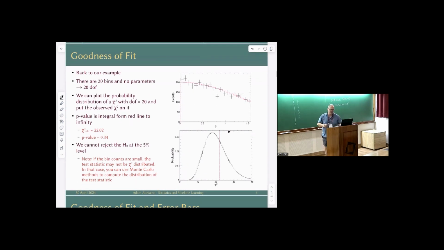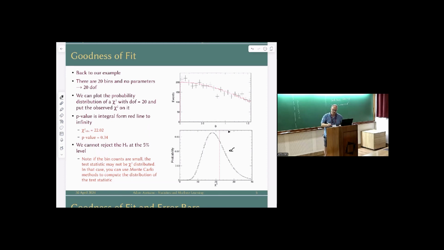Okay, so going back to our example, if you count the number of bins here, there's 20 bins. There's no fit, so that means the number of degrees of freedom is 20. So we would expect that if we took the red histogram and fluctuated it over and over again and calculated the chi-squared each time, the distribution of all of those fake experiments would be this chi-squared with 20 degrees of freedom.